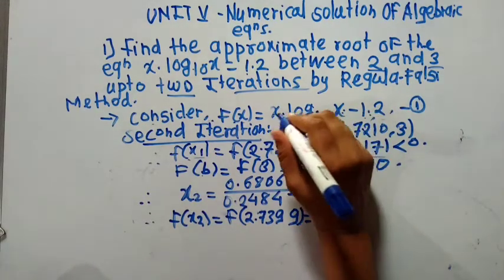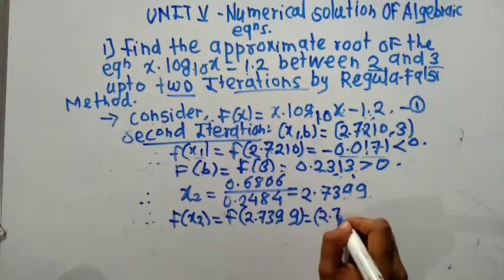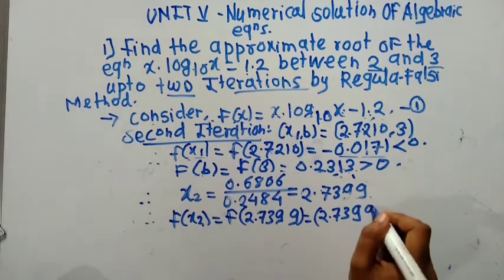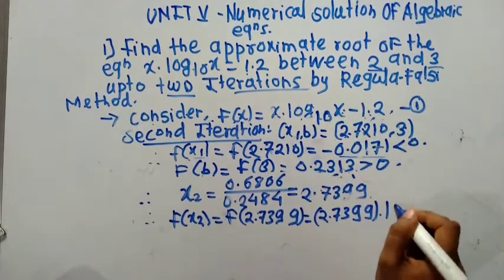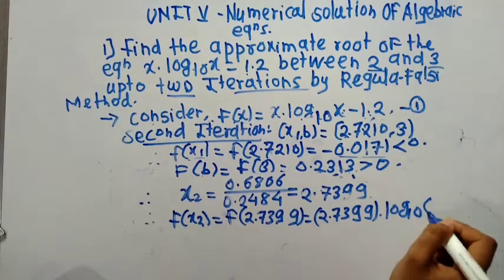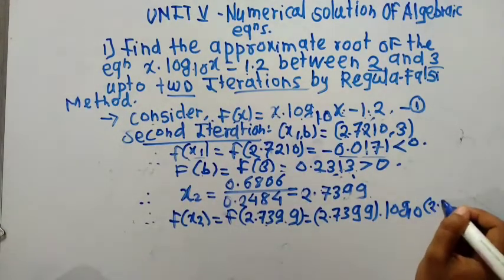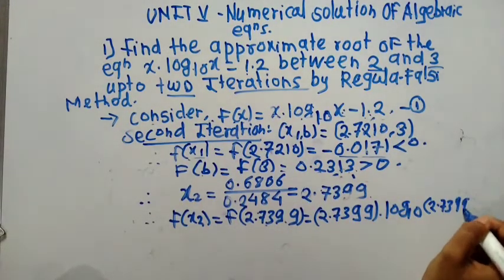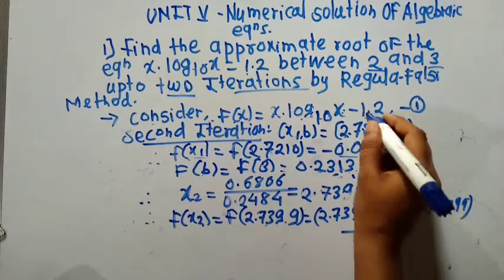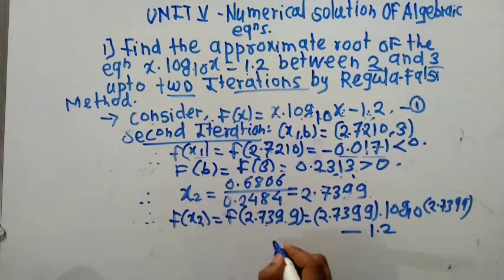Put this in the equation: 2.7399 into log 10 of 2.7399 minus 1.2.